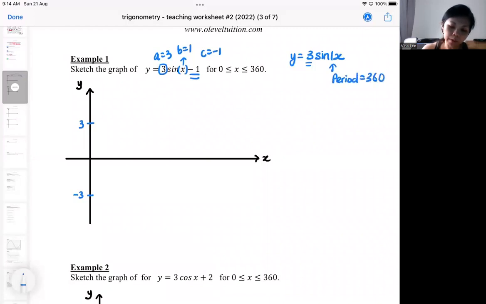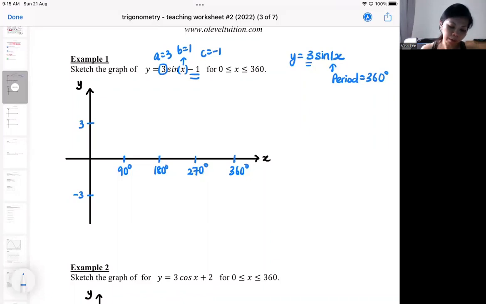So the period is 360. So remember, divide into 4 sections. So first step, get the period, and I divide the period into 4 sections. Second step, the amplitude is 3, so the highest is 3 and minus 3.